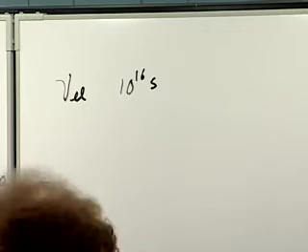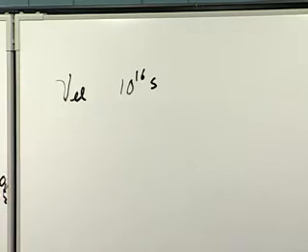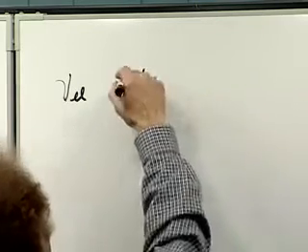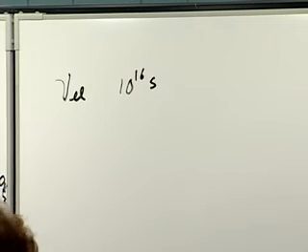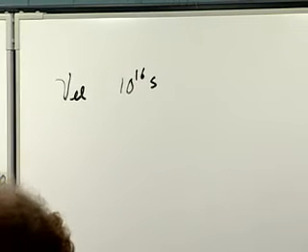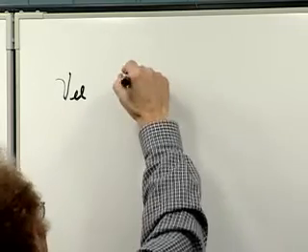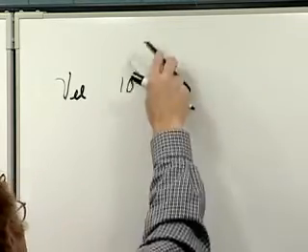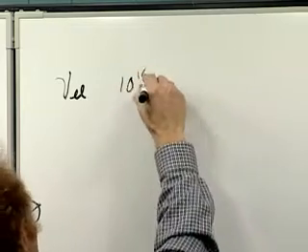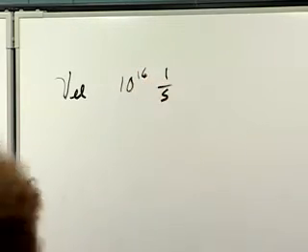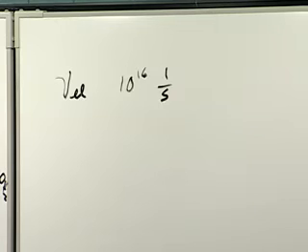Well, if I wrote 10 to the minus 16, then it would be a time, not a frequency. So we'll take it as 10 to the 16th, 1 over seconds.